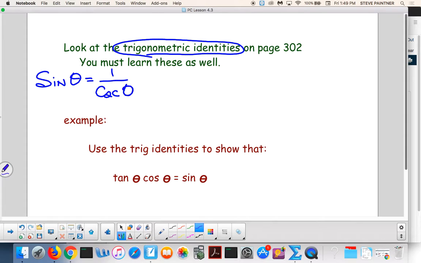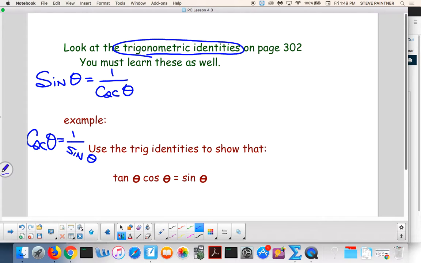Cosecant of theta. These are reciprocal functions. So if you know sine of theta, then the reciprocal function would be 1 over cosecant. What's cosecant of theta equal? 1 over sine of theta.